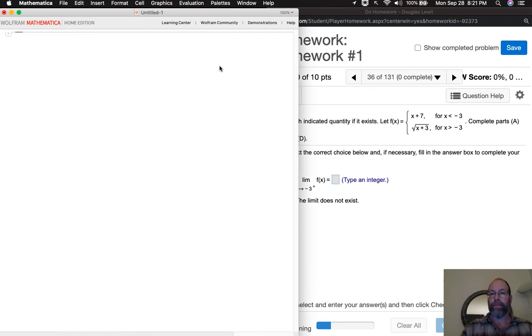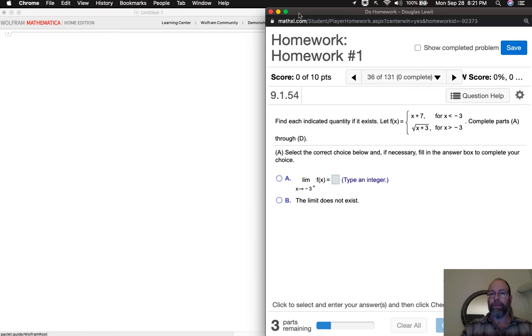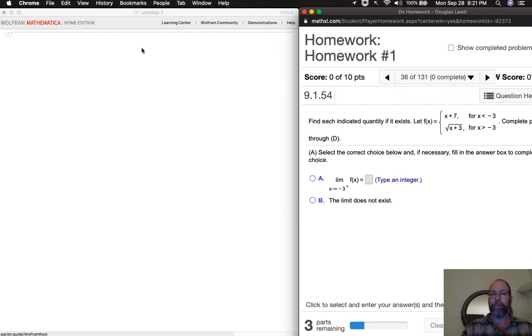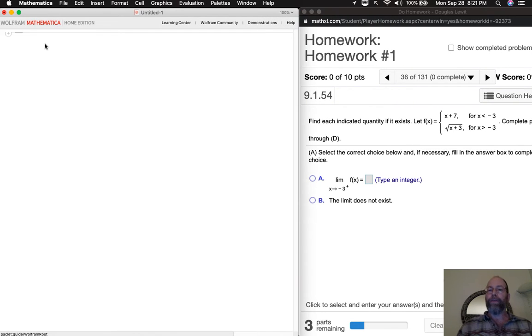Okay. Let me move this over a little bit. First of all, you really need to learn how to graph these problems. Now, granted, if you study calculus for a very long time, if you get into advanced calculus, you're going to encounter problems that are really difficult to solve graphically or visually.